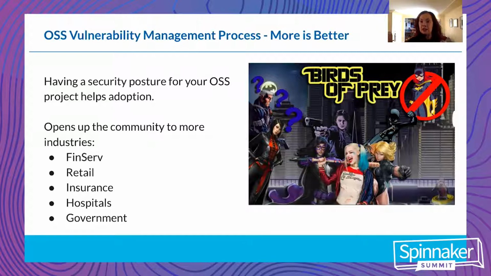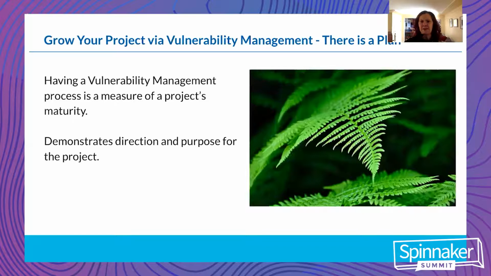That's amazing. So then you have this great outlook of people coming to your community, using your product, and battle testing it. Not only that, they're going to expand what that project might need to look like because they're coming from different industries. And so you've created a richer, fuller project. Oh, that wasn't a pun. So grow your project via vulnerability management.